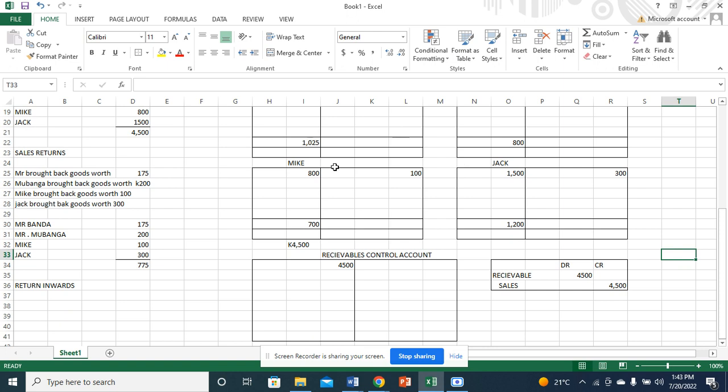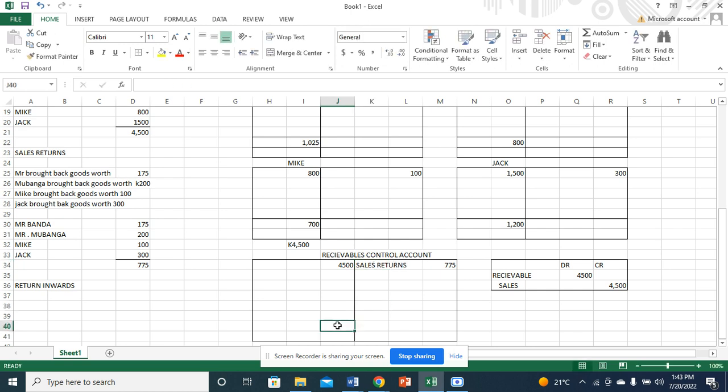Okay, so on our receivables control account, we have to total up our sales returns. This 775 will come in our receivables control account here, the total sales returns.